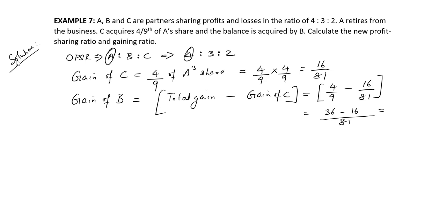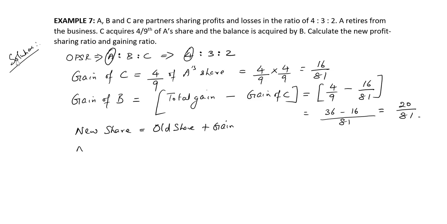So we get the gain of partner B as 20 divided by 81. New share is equal to old share plus gain.